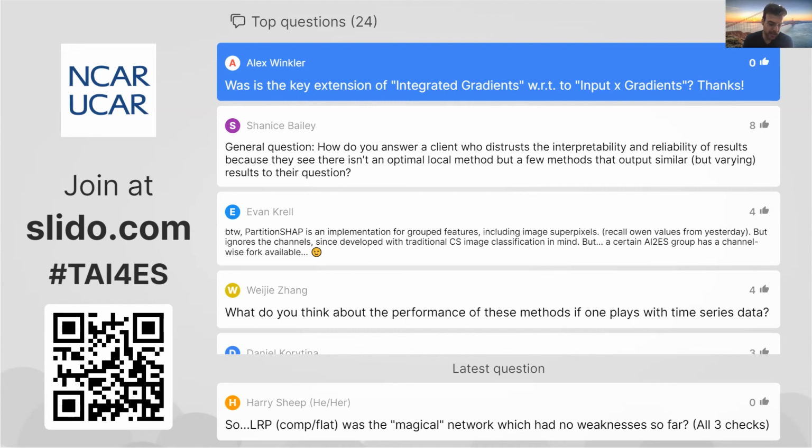Integrated gradients, on the other hand, solves both of these problems. First of all, the user can define the baseline they want the explanation to correspond to.